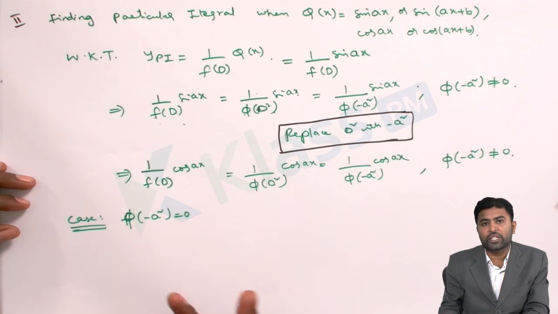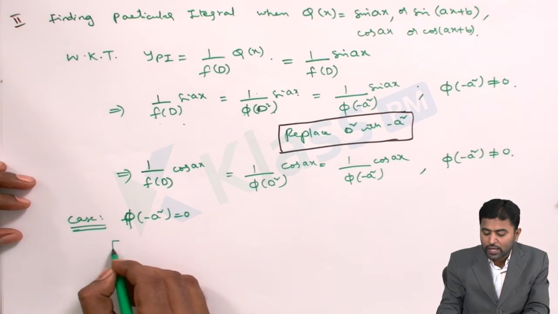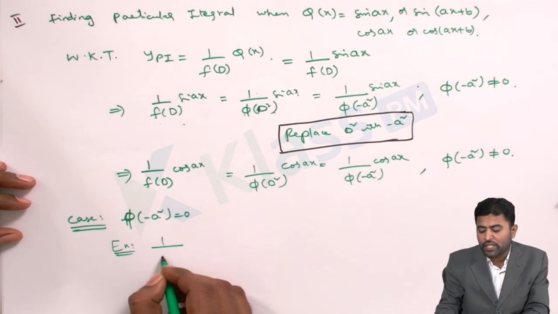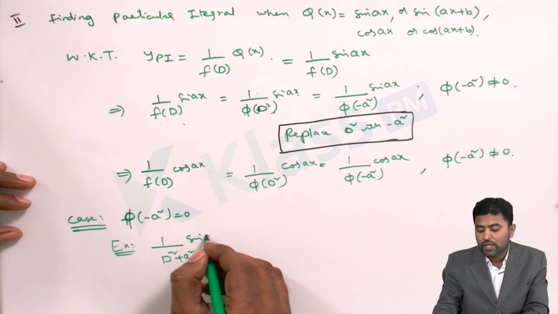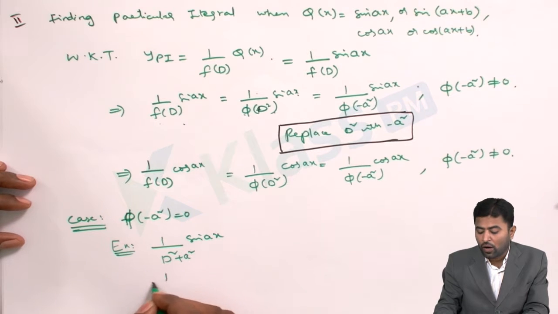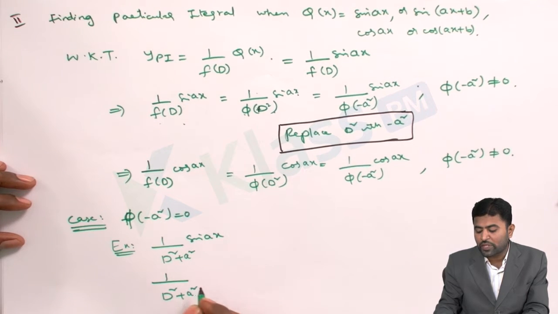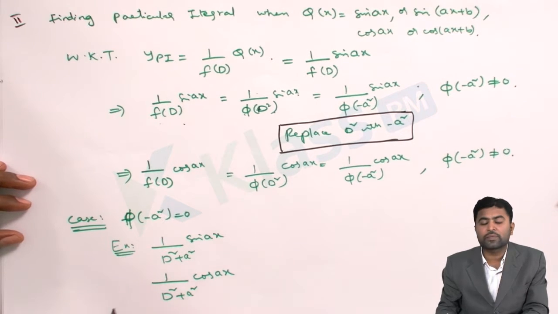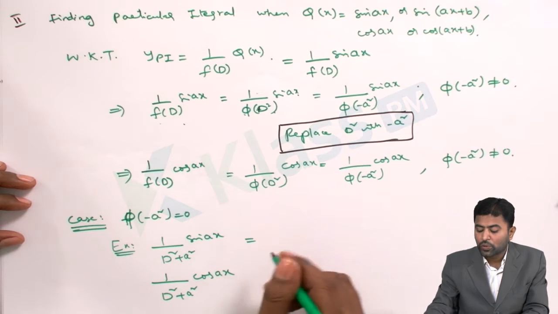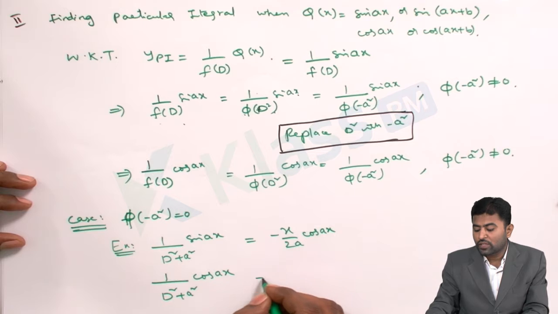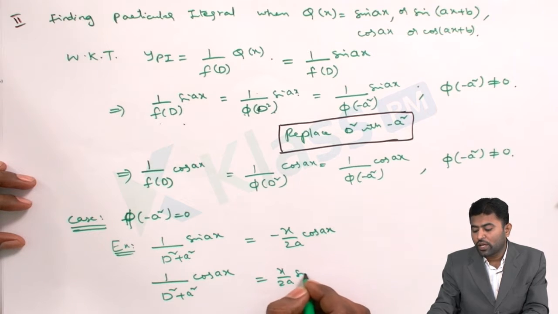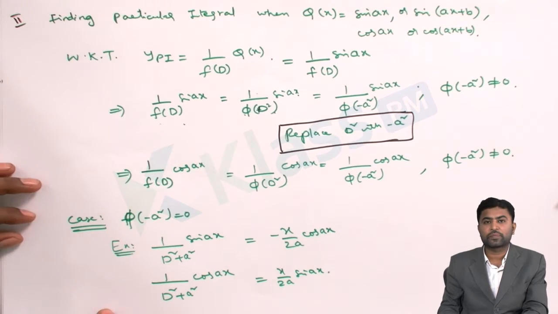We'll have cases where the denominator becomes 0. For example, take 1 by D square plus a square sin ax, or the case 1 by D square plus a square cos ax. This is equal to minus x by 2a cos ax, and this is equal to x by 2a sin ax.